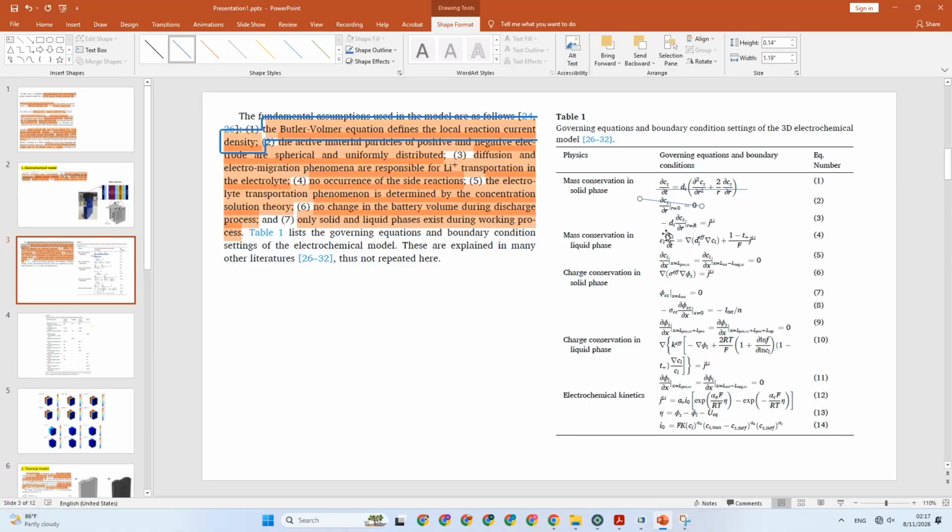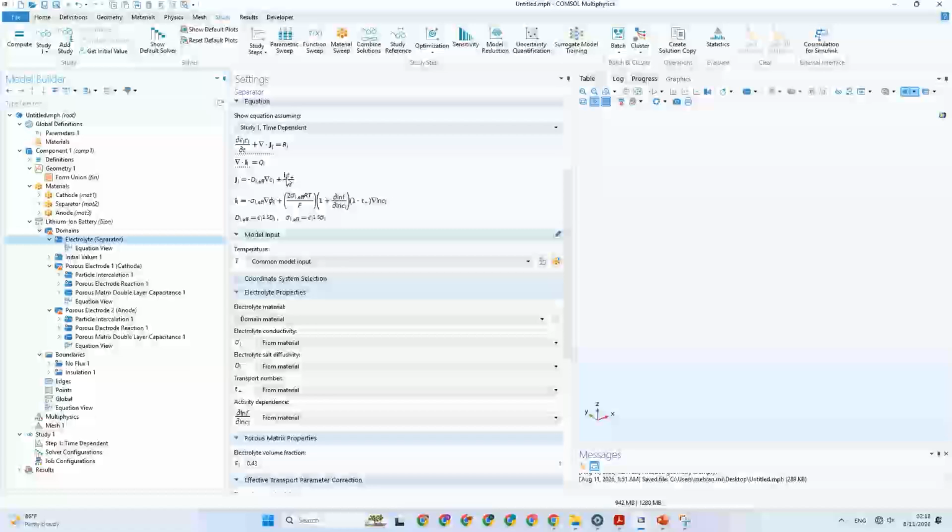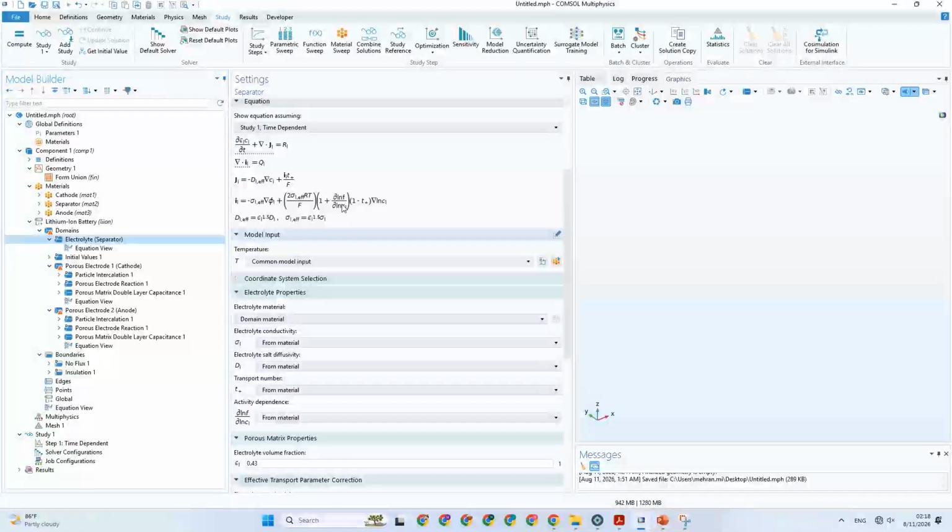This is the same epsilon, yes. Laplacian of gradient C plus T, 1 minus T divided by F. I don't know where 1 minus T divided by F is. It means F must be the reverse of this. Let me check the F.